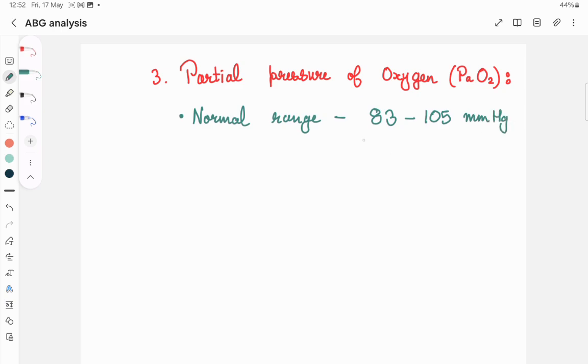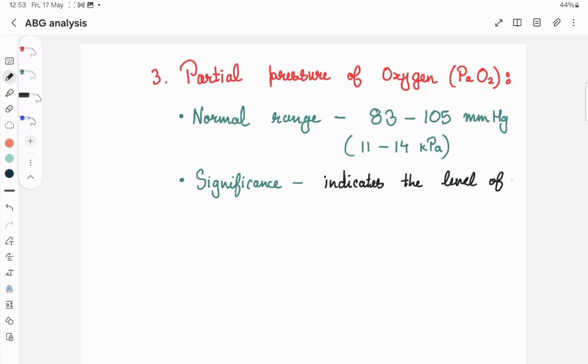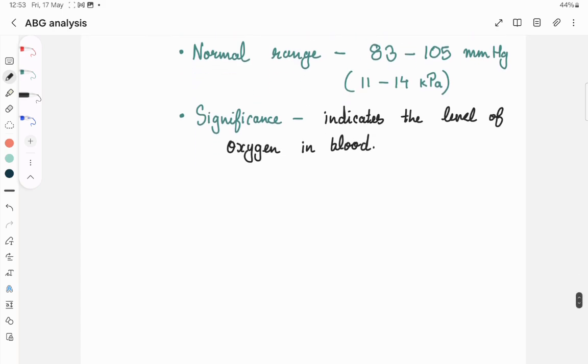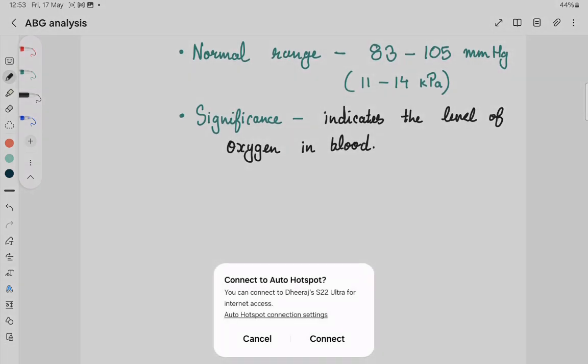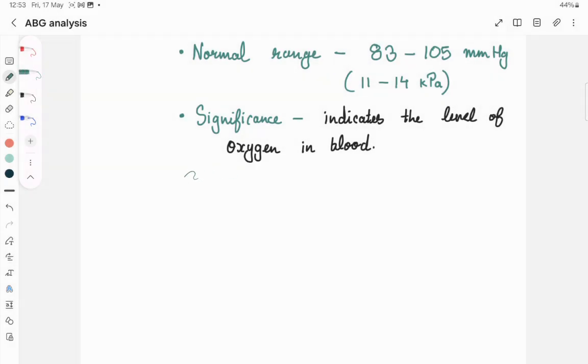It is 83 to 105 mmHg and 11 to 14 kPa. So what is the significance of PaO2? It indicates the level of oxygen in blood.